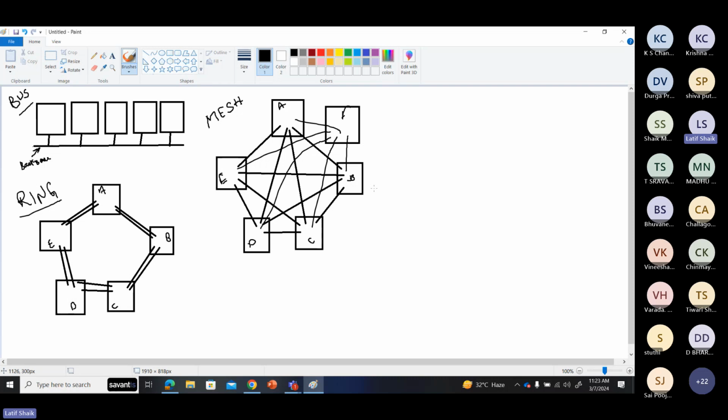Again, when a new device comes, you have to do it again. So it is very difficult to scale, very difficult to troubleshoot, and very complex to configure because a lot of wiring is required. As the number of devices increases, the wiring increases. Here we have 5 devices, but if you see, a lot of wires are there. That is the problem with mesh topology.